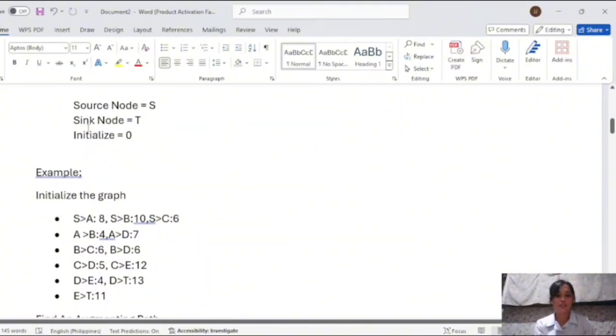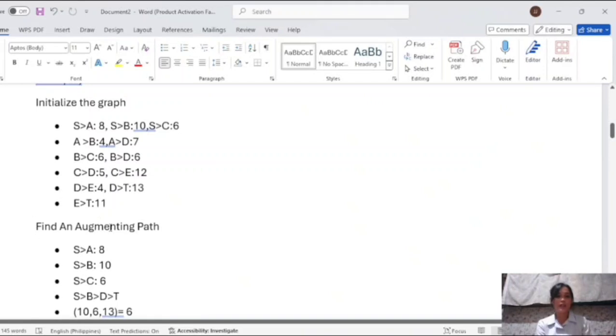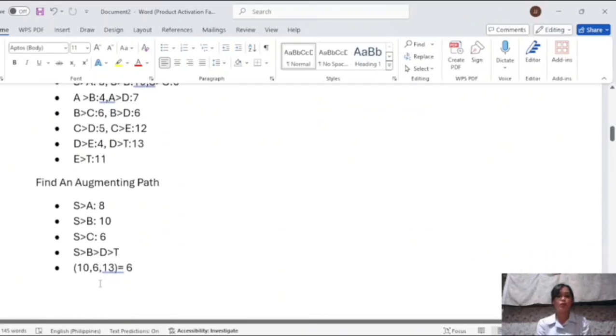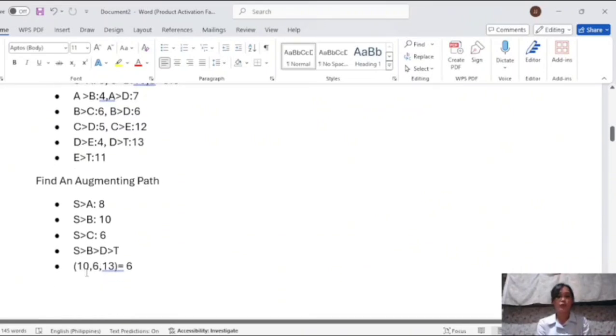So let's start with S and A, their capacity is 8, and S and B, their capacity is 10, and S and C, their capacity is 10. So the augmenting path bottleneck is 6.